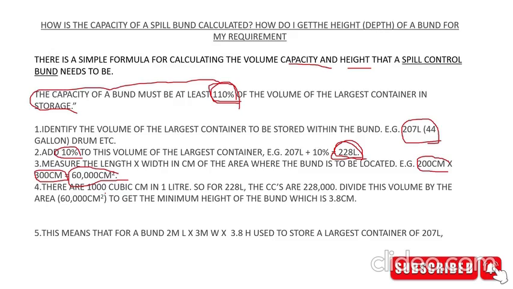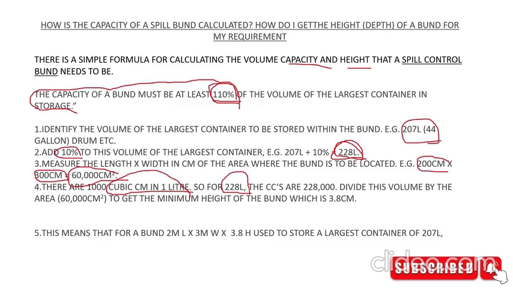There are 1000 cubic centimeters in 1 liter. So in 1000 cubic centimeters, we can store 1 liter of liquid. So for 228 liters, how much size is required?